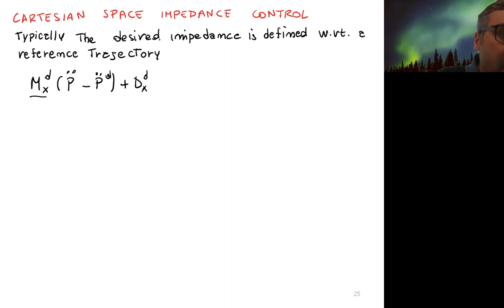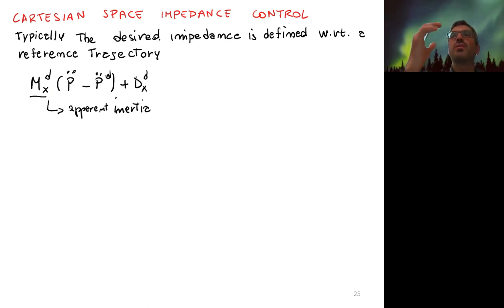This is called the apparent inertia, because it is the inertia that a user, for example, touching the end effector will feel at the end effector.